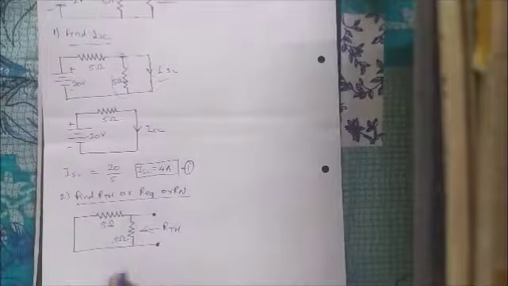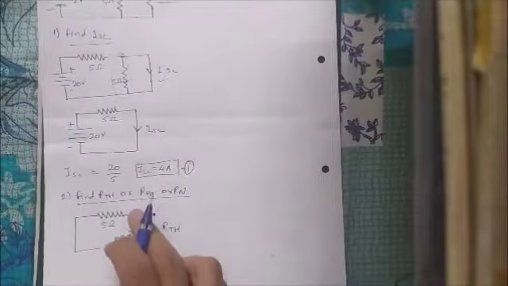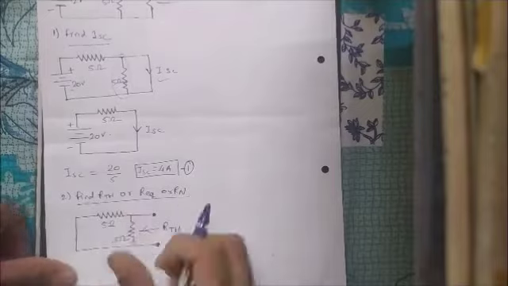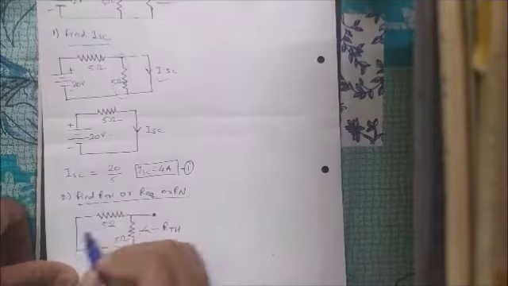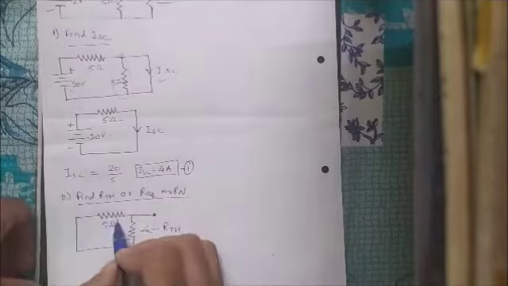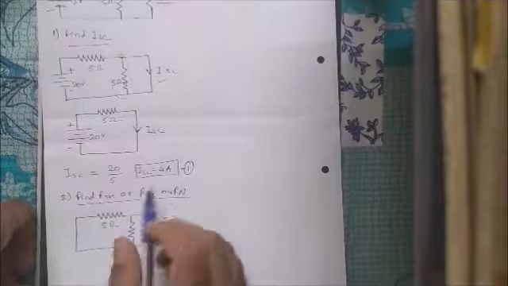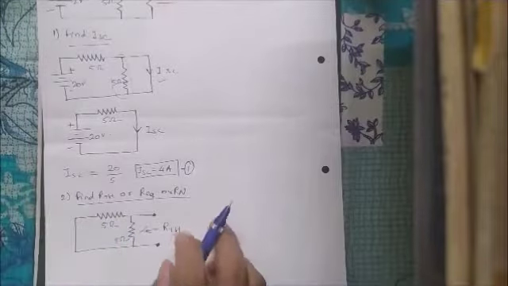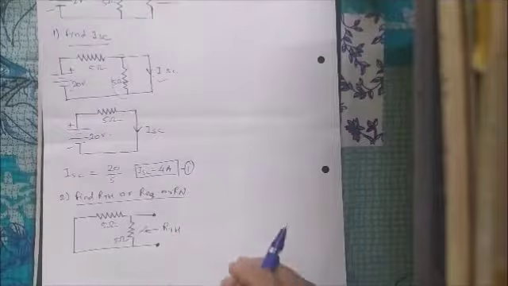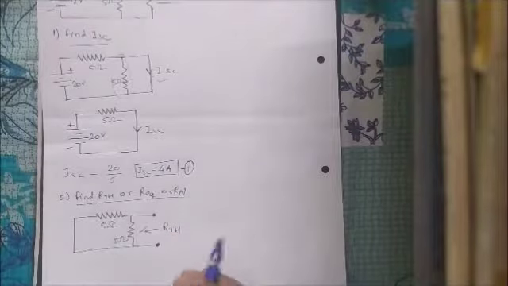Now here no concept of replacing this 5 ohm resistance by a short circuit will be applicable, because to this short circuit a resistance is connected in series, and if a resistance is connected in series, then that resistance cannot be replaced by a short circuit terminal, and hence this is your circuit to calculate the RTH.